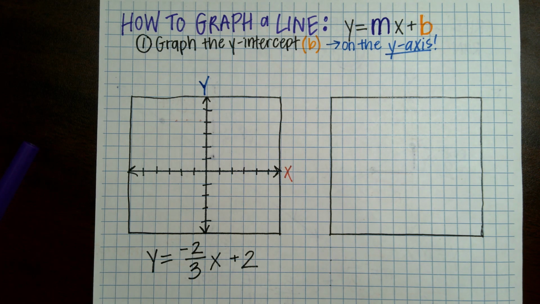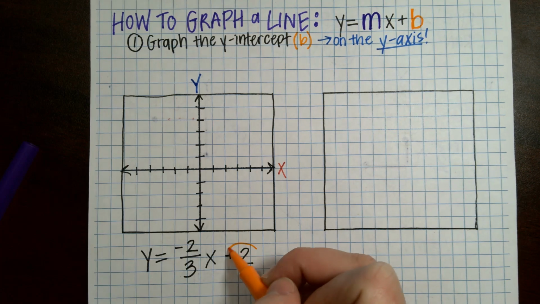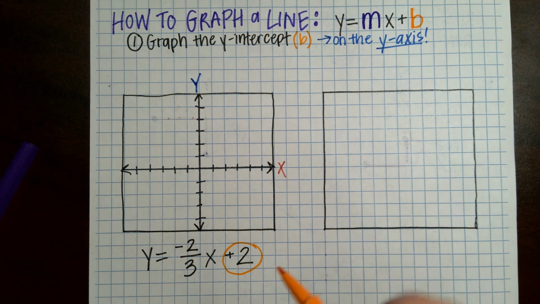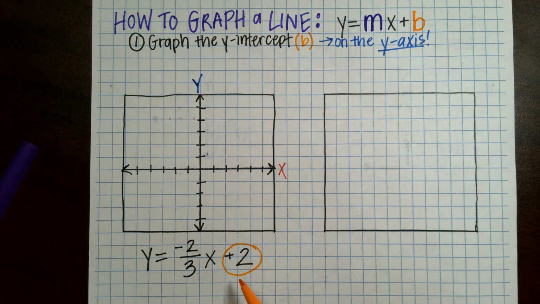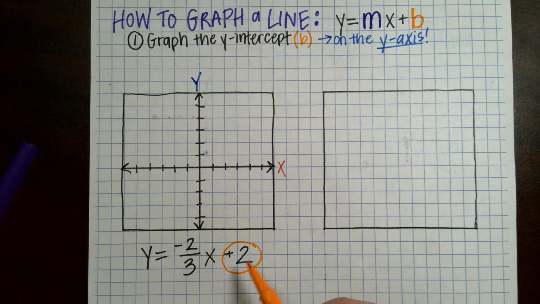So as you guys write, first of all, for this equation I gave you, y equals negative 2/3 x plus 2. What is our y-intercept? 2. Good. So I'm going to circle it just so I can keep track. And for my first step, it says I need to graph that y-intercept on the y-axis. Where is that going to go?